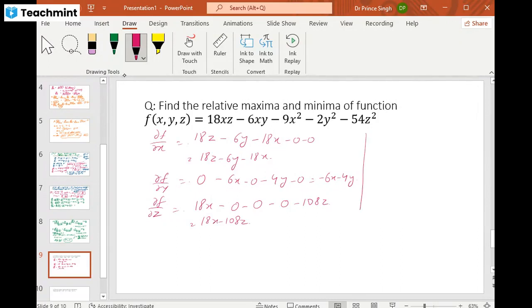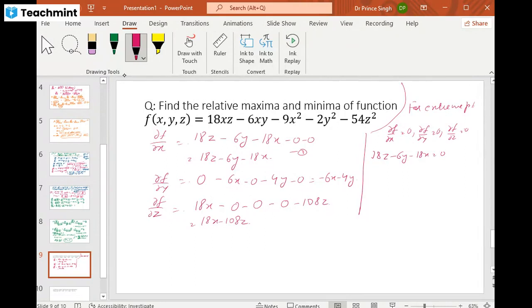So now for the extreme point, we are going to apply the condition that curly f upon curly x equal to 0, curly f upon curly y equal to 0, curly f upon curly z equal to 0. So it will give us 18z minus 6y minus 18x equal to 0.